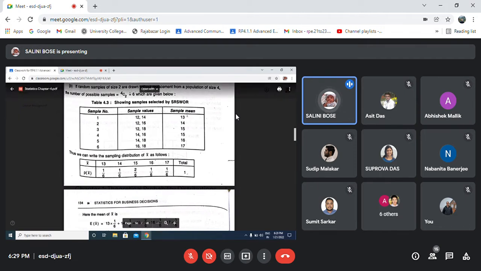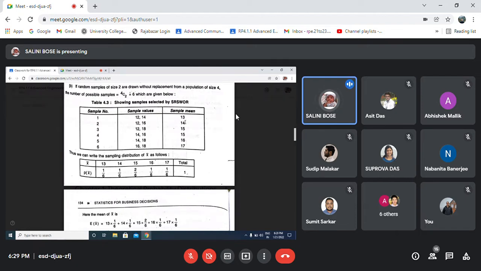So here your probability will be 1 by 6 because only 6 samples are there. So 13 has occurred one time, so it will have 1 by 6 probability.